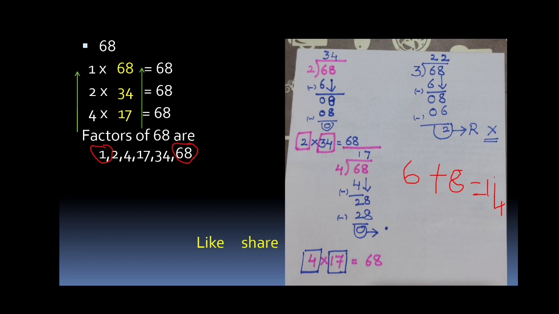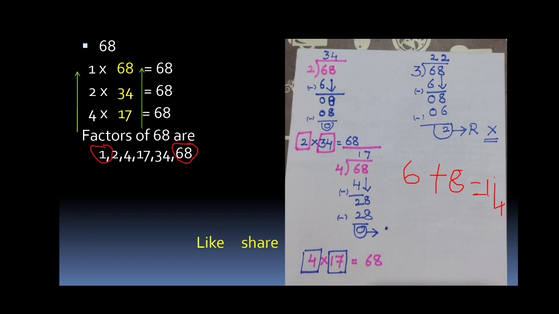So now, if you know the divisibility rules, it will be easy for you to find the factors of a number. No need of doing division also. The divisibility rule for 2 is, if we have 0, 2, 4, 6 or 8 in its units place, it will be divisible by 2.